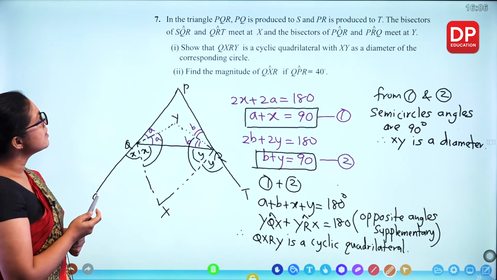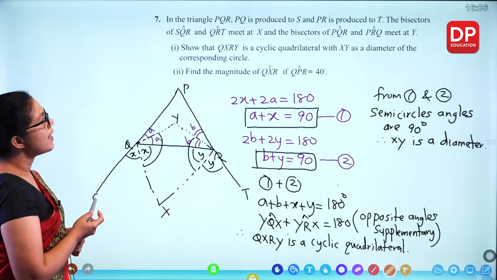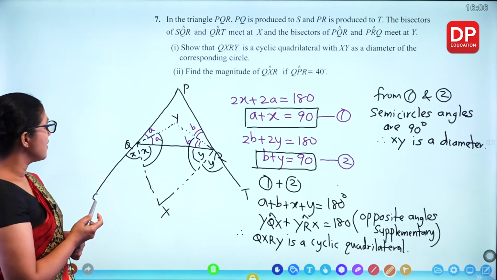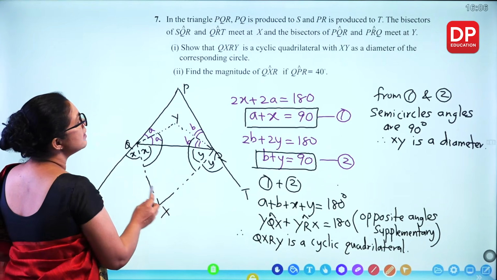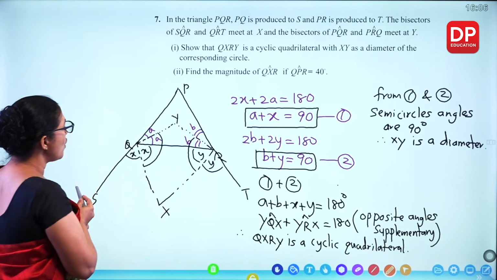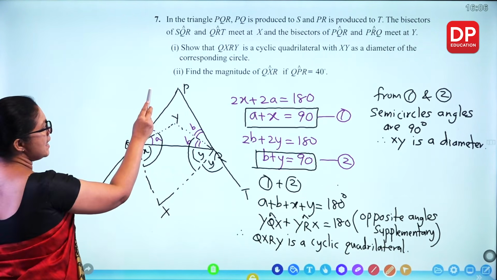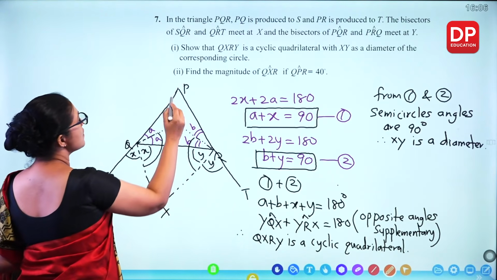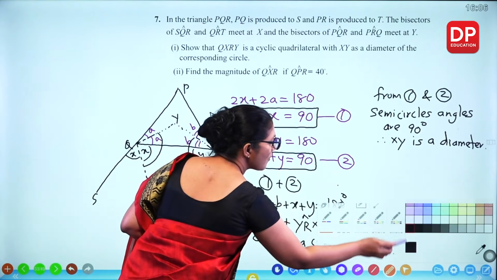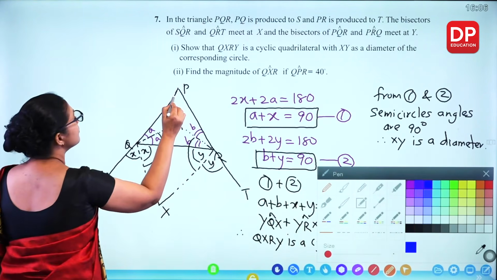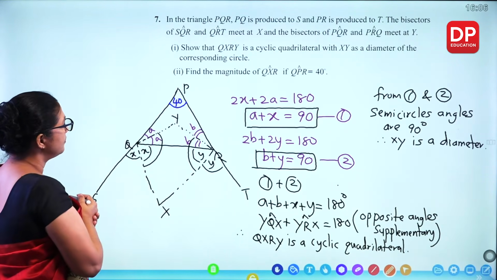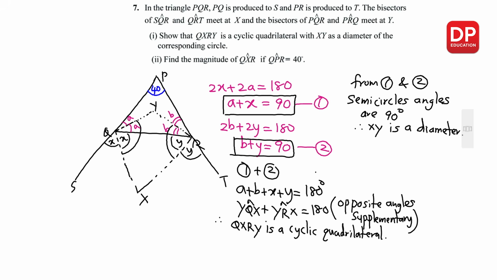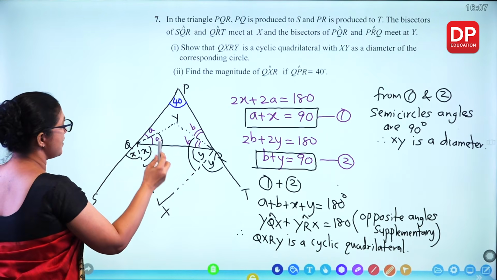Now the last part, part 2, find the magnitude of QXR. QXR, this angle, if QPR is 40. QPR is 40 degrees. This is 40 degrees. Find the magnitude of QXR.